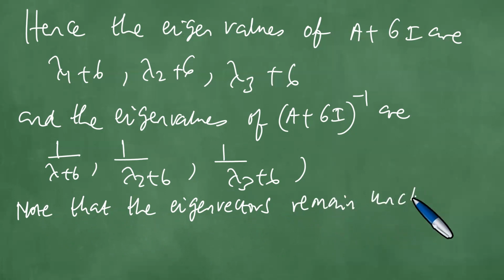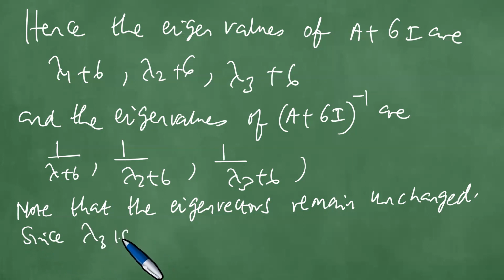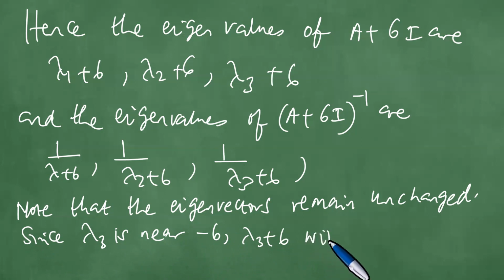Okay, so the eigenvalues keep changing, but the eigenvectors remain what? They remain unchanged. But also since lambda 3 is near -6, lambda 3 plus 6 will be small.